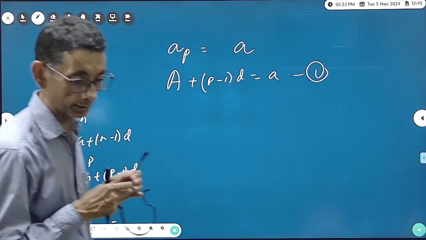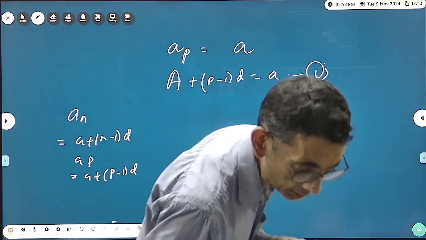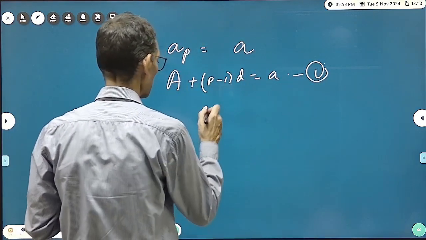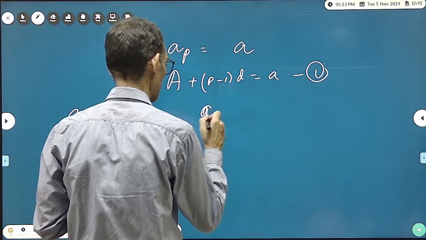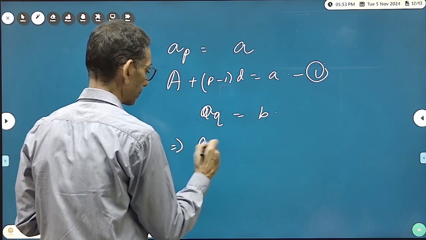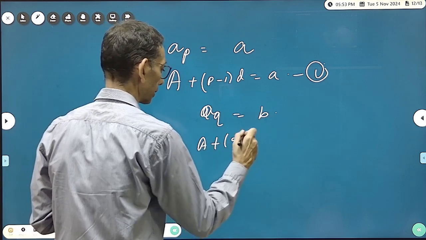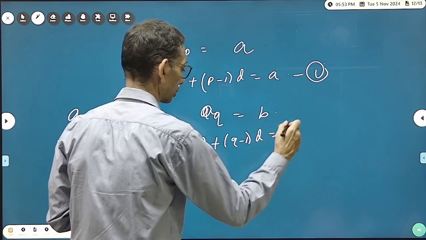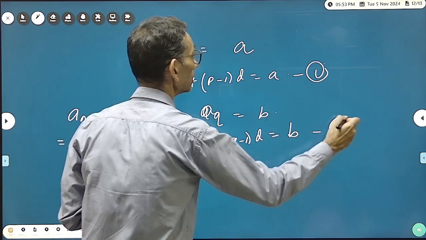Then next one is Q. AQ is equal to B. So a plus Q minus 1 into D is equal to B. This is 2.